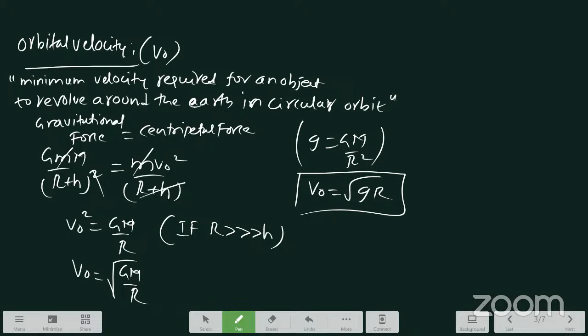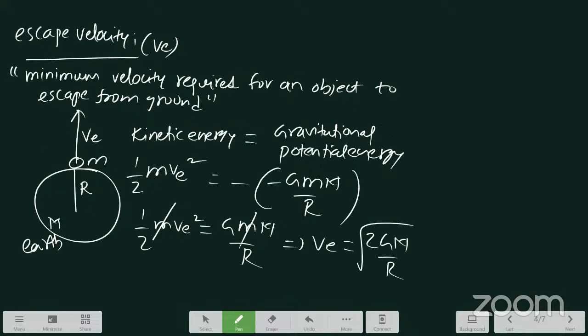One is orbital velocity, a recent question. Definition, with centripetal force and gravitational force both equated, we can get our answer. Second one is escape velocity. This is a new question: definition, kinetic energy balances with gravitational potential energy, with the derivation part.